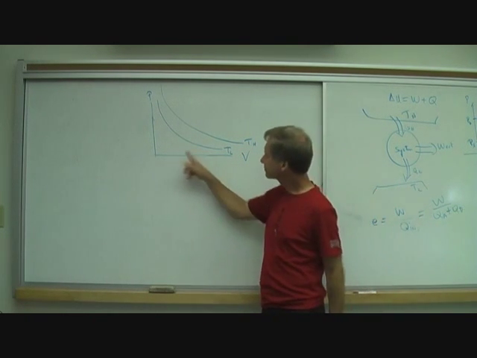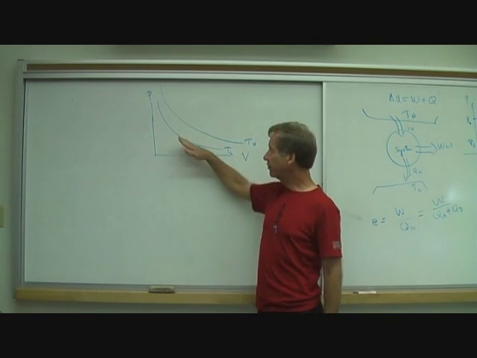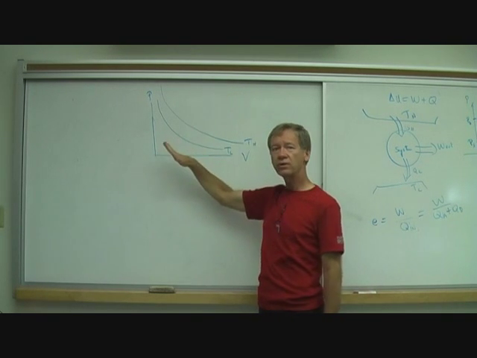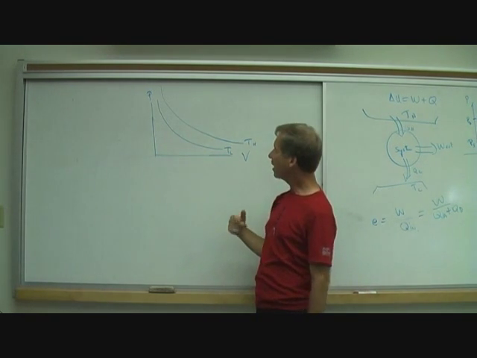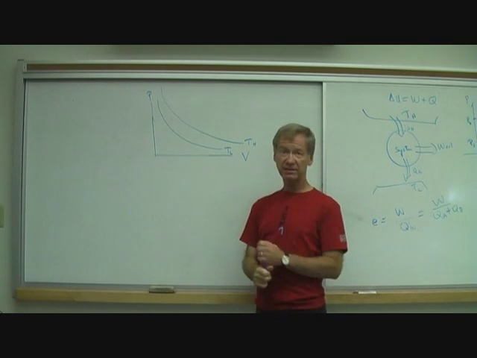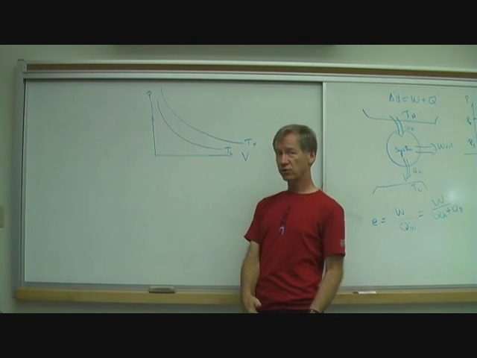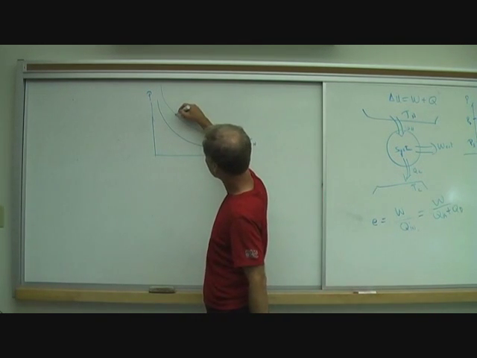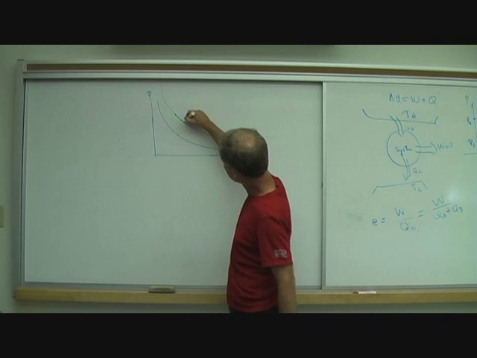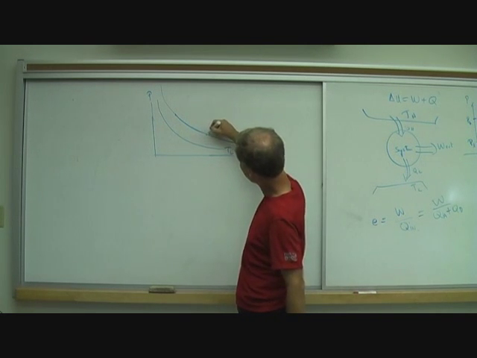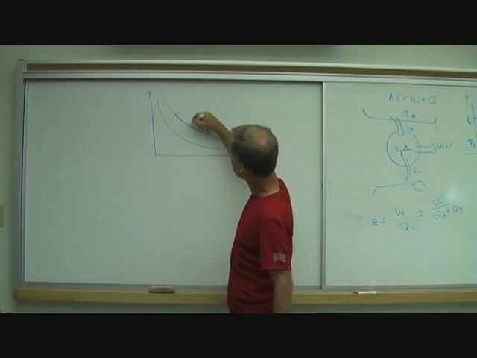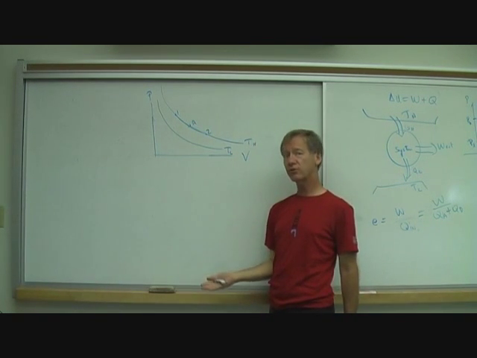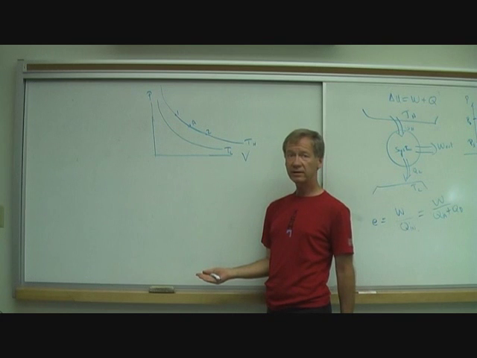Remember, we figured that out, that the hot ones are up higher inside the cold ones. All right, so if I run along one of these, I've got an isothermal process. So let me start right here, and I'm going to run down this isotherm to right here. So here's 1 and here's 2, and here is process A, an isothermal process.